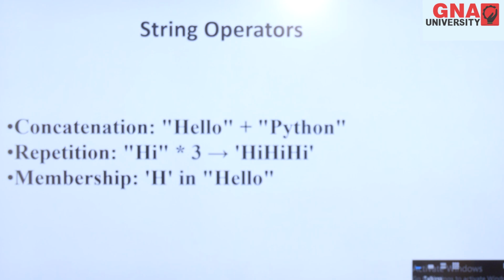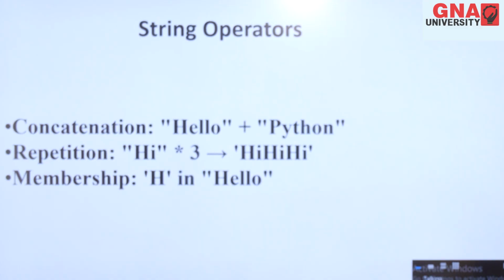Like here, for concatenation, the plus sign is between two strings. If we want repetition, we use the asterisk sign, the multiplication sign, and hi into 3 times will print over here. And if we want to check membership, we write H in hello.